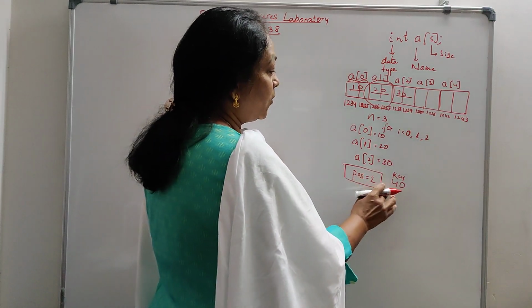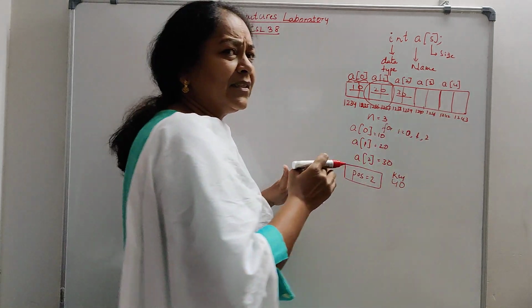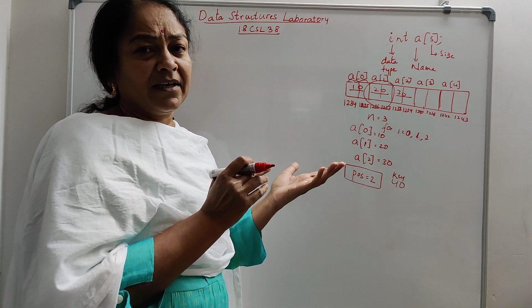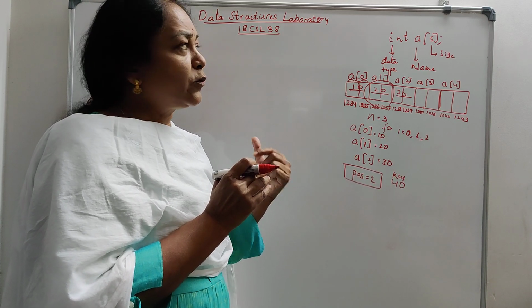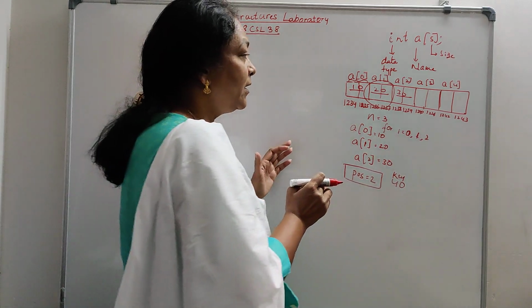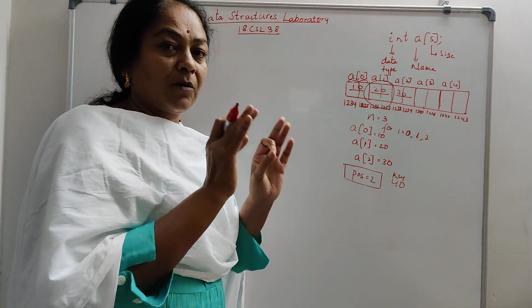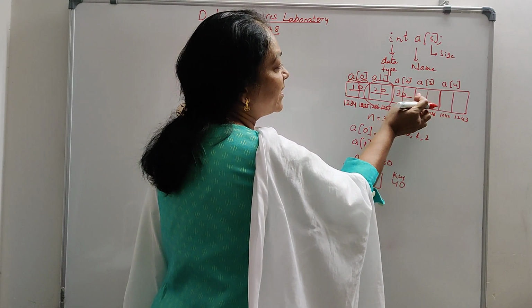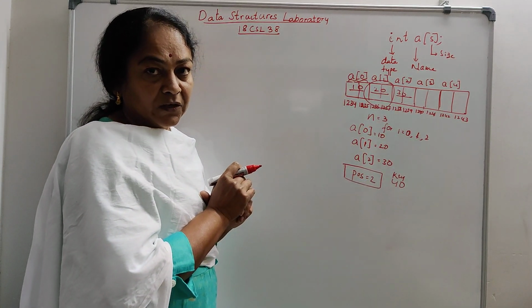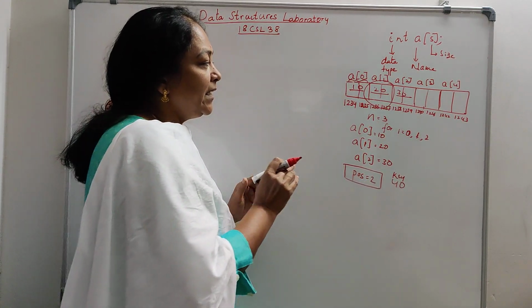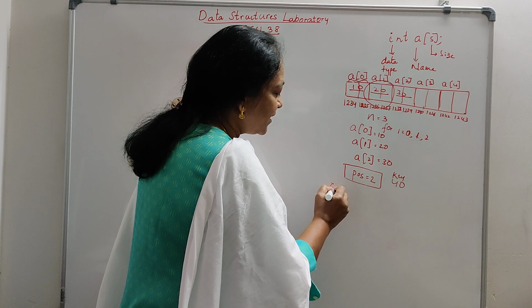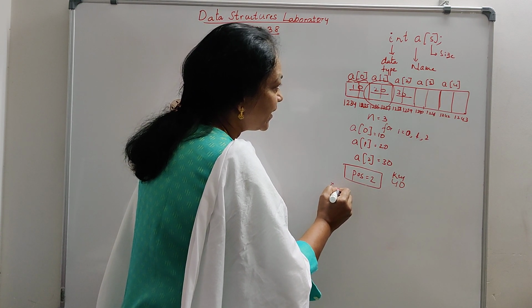Otherwise this can be a dynamic array allocation. Dynamic allocation could be used as an alternative, but I'm just using the simple normal static array. So how do you shift this to this position? That is the next question. What I am trying to do is shift.